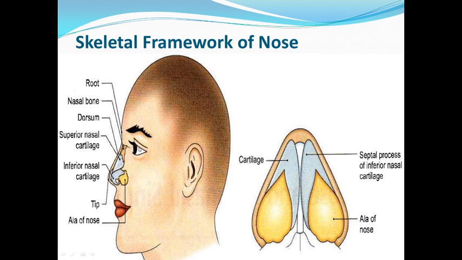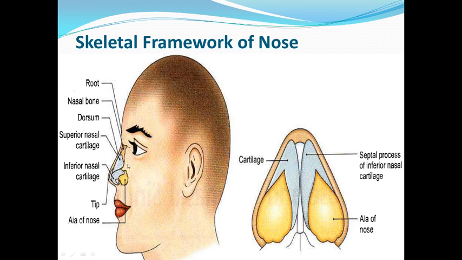Moving forward, the skeletal framework of the nose consists of bones as well as cartilage. The bones that make the bony framework of the nose are the nasal bone, which forms the bridge of the nose, and the frontal process of the maxilla, which is not labeled here.